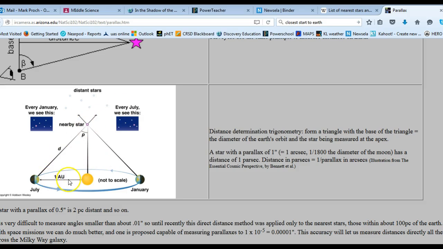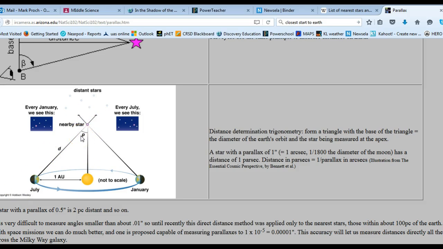So then we take this distance that we do know, 1 AU, and again, this is not to scale, so we know this distance, right? And then we can figure out this distance, or this is the distance we actually want to know. But then, we know this one leg, and we can also figure out what this leg is equal to, right? So this is the idea, have these two different angled views, and then we should be able to figure out one of these lengths here.